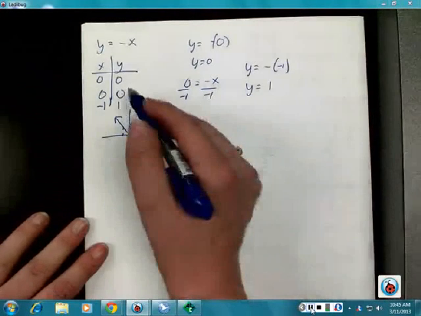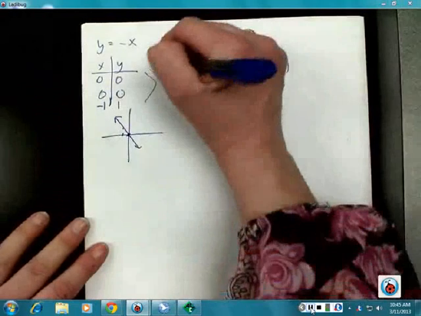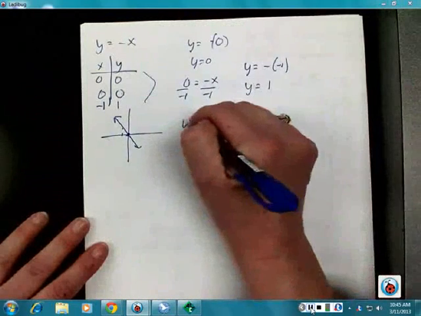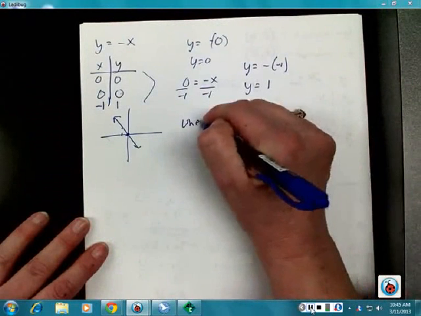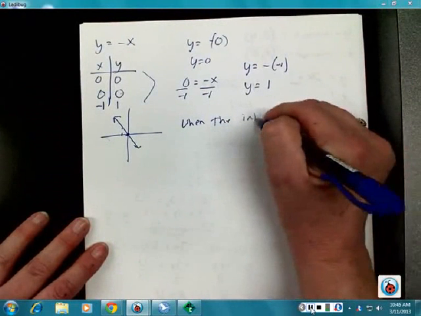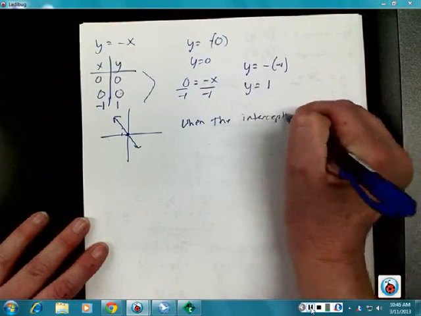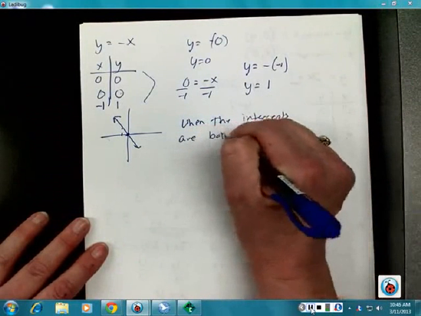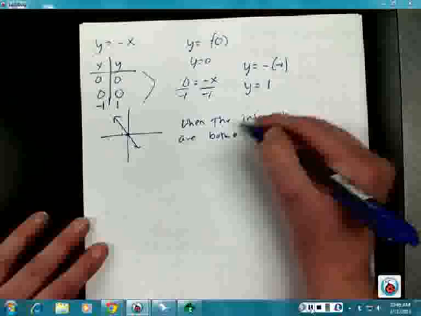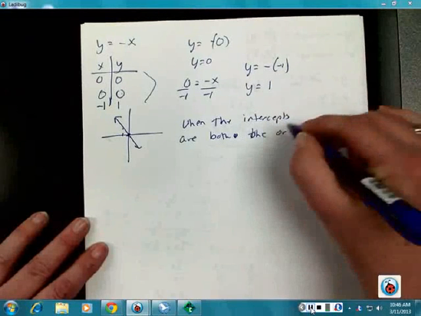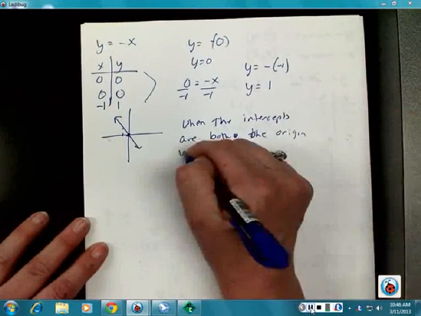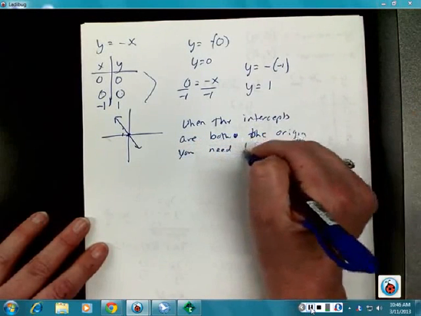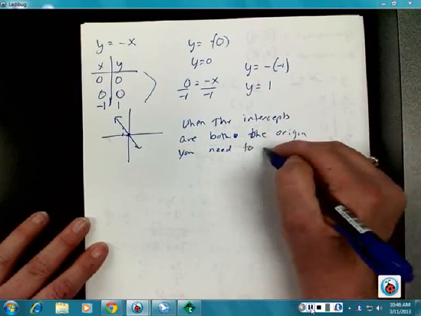So on these, when the intercepts are both the origin, you need to plot another point.